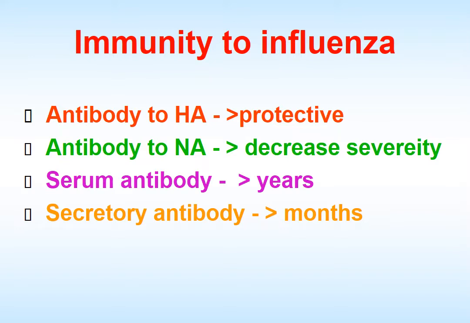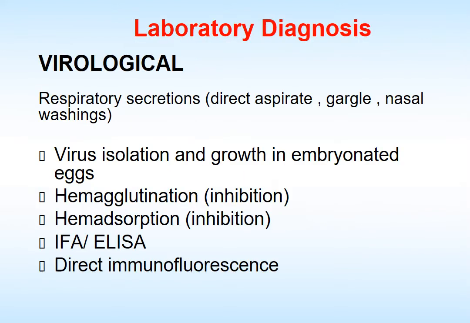If you are speaking about type or serotype specific immunity, it can be even 10 years. Secretory antibody, immunoglobulin A secretory, can persist for several months.